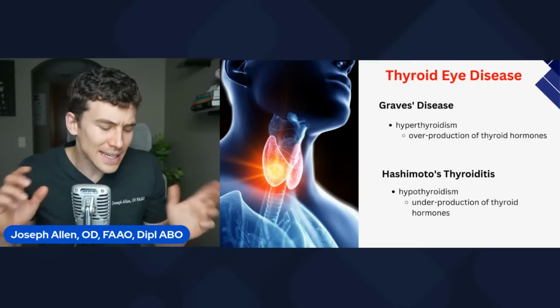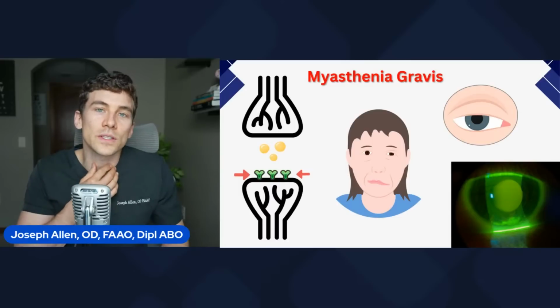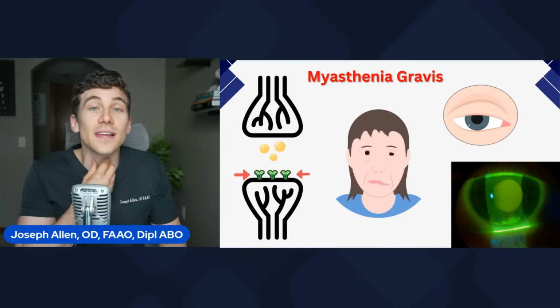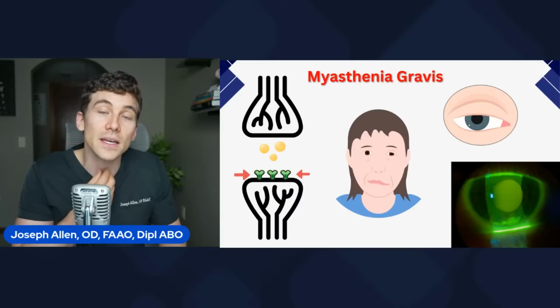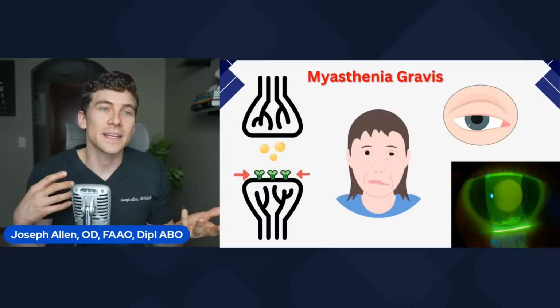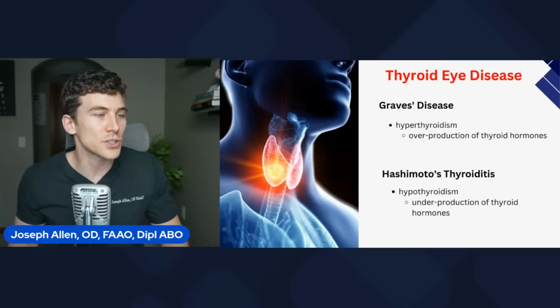That connects to thyroid eye disease, because in myasthenia gravis, something that we always have to check for is what's called a thymoma. It's believed that your thymus here in the front part of your neck has some dysregulation and may have kind of an attack on itself, and that leads to myasthenia gravis as well as other autoimmune conditions.